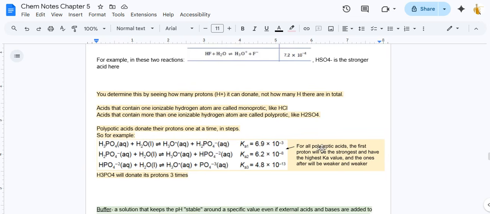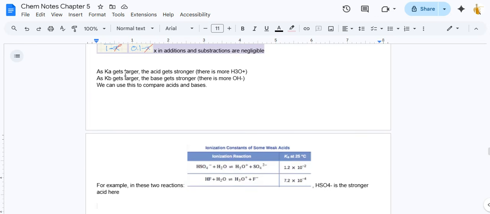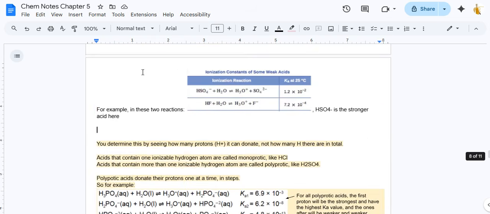And for all polyprotic acids, the first proton will be strongest and have the highest Ka value. Remember, highest Ka value means it's the strongest, or larger Ka value means the acid's stronger.